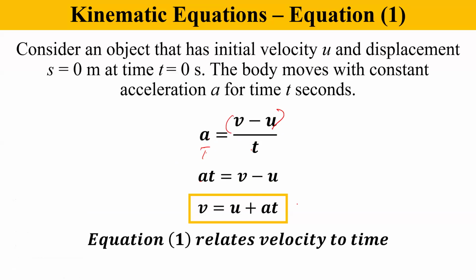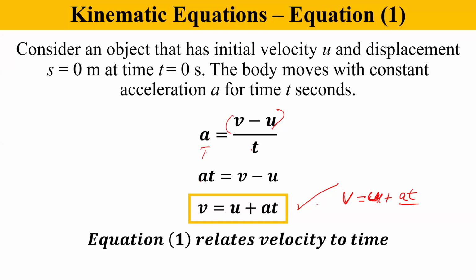And so our first equation of motion is v, your final velocity, equals u plus your acceleration times time, right? So it's a product of your acceleration and your time. The body will have an initial velocity, and then it will have a final velocity.